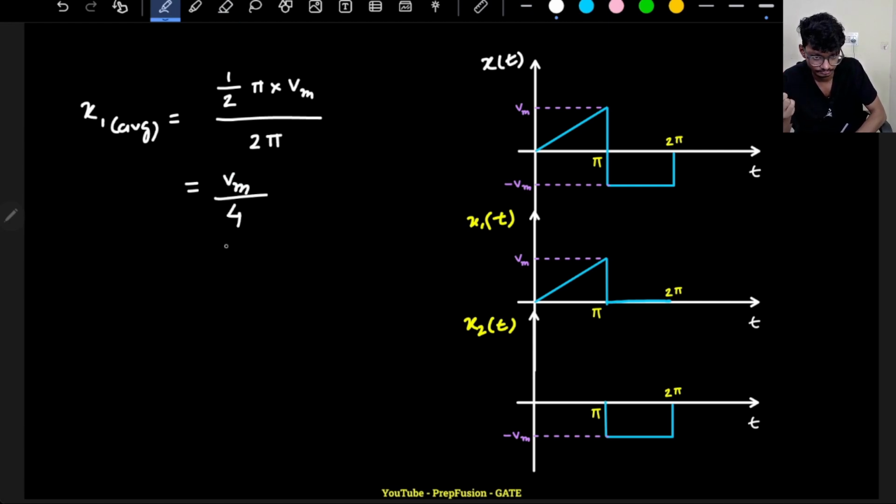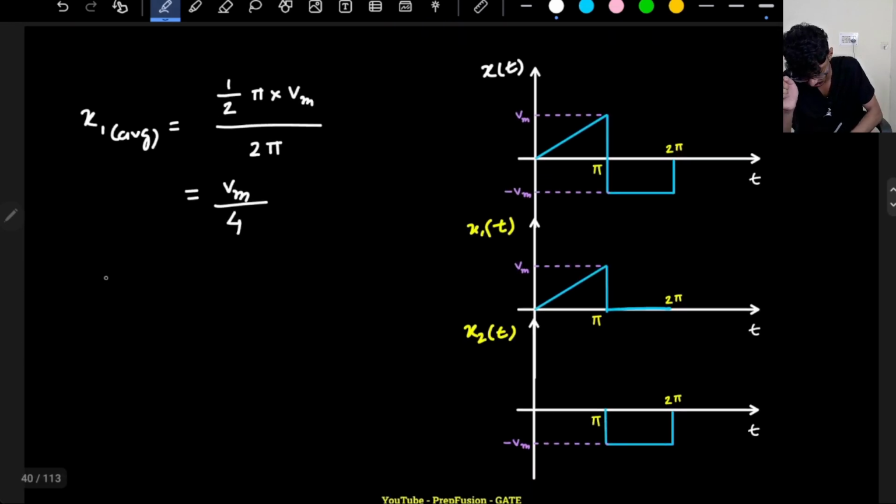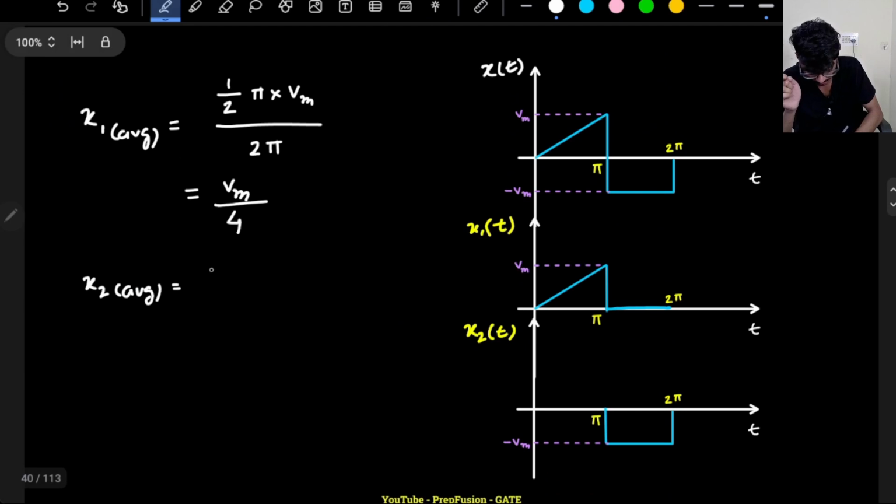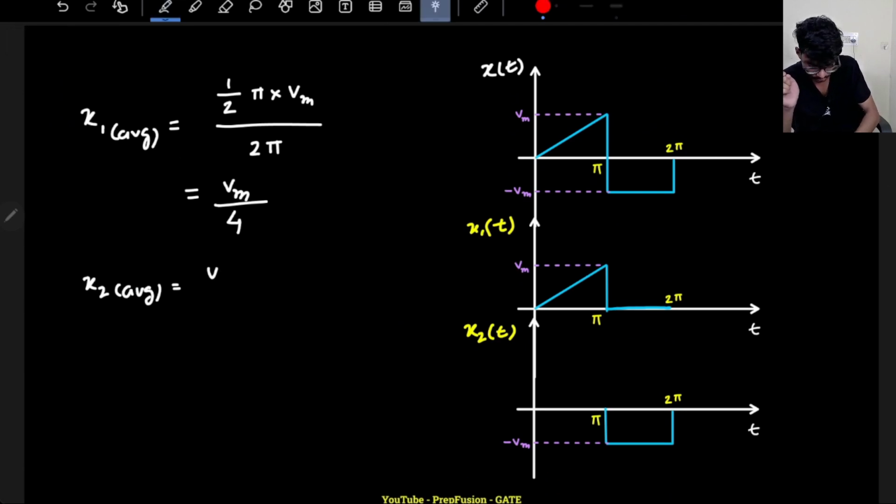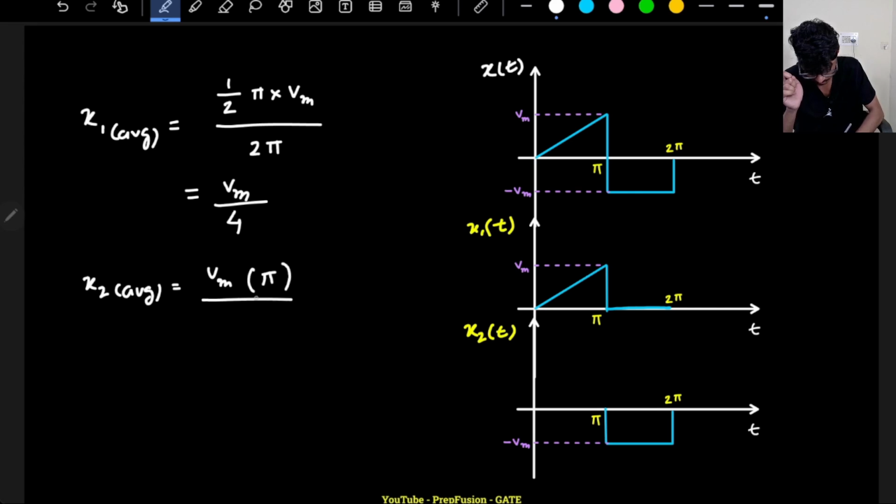What about the other part? That is the square portion. For the square portion, this is Vm, right? So for the square portion, again, the average will be area over the time period. Area is height into depth, so this will be Vm into pi, divided by 2 pi.